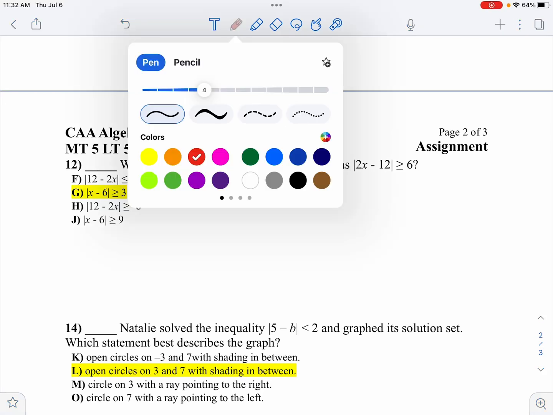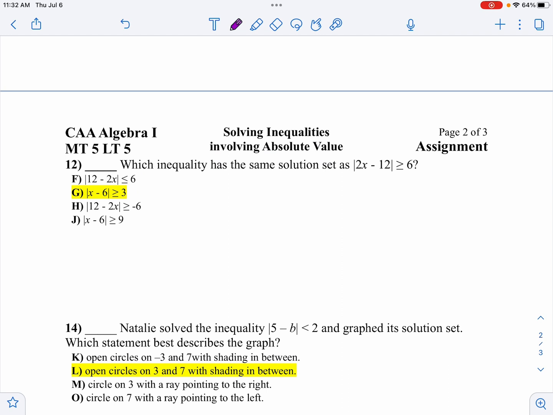Taking a look at number 12, let's start with the problem and solve that first. So we have 2x minus 12 is greater than or equal to 6, or, because it's greater, 2x minus 12 is less than or equal to negative 6.